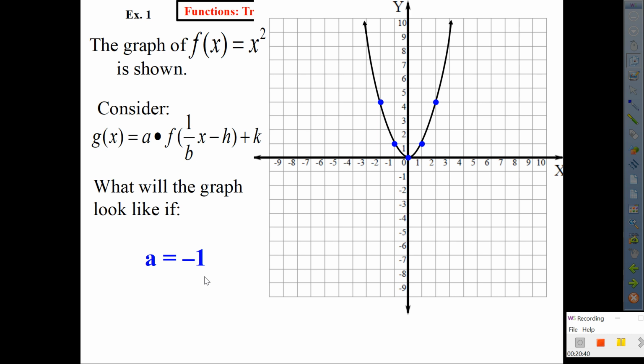Talk to your neighbor, let them know what's going to happen to that function according to A equals -1. Talk to your neighbor, please.